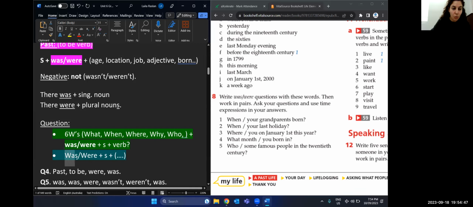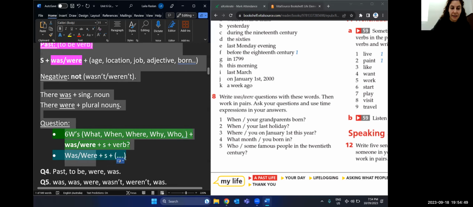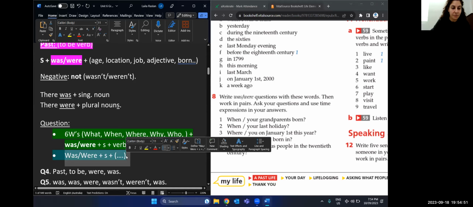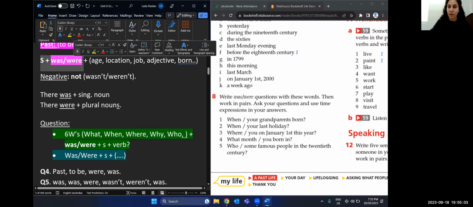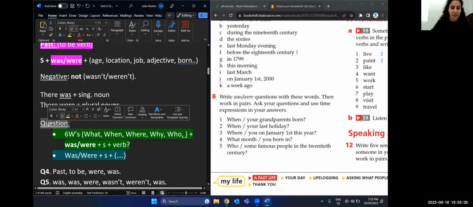That question: was I born in Australia? Or where were you born? So that's the difference between making an affirmative sentence, with the subject and verb, or making a question. We have to switch the subject and the verb.